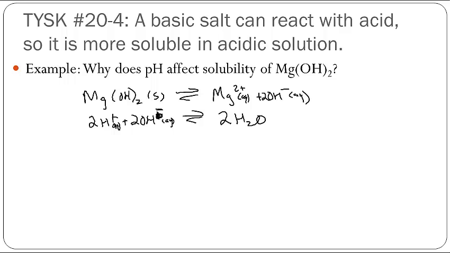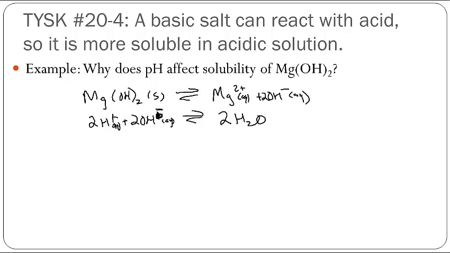If my OH minus goes up, by that dude's principle, what does that mean to my solubility of MgOH2? It goes down, right? I'm going to have more solids, so my solubility goes down. But now, if I react it with an acid, I have this other reaction that occurs. The acid will react with the OH minus and make 2H2O.